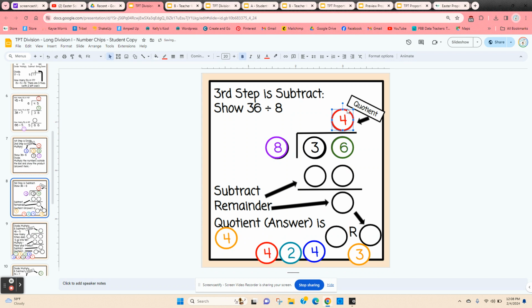Next step is to multiply. 8 times 4 is 32. And then the next step, the third step, is to subtract. So they're going to take 36, subtract 32, and they get 4. So now in this problem, they already have their answer, 4, remainder 4.